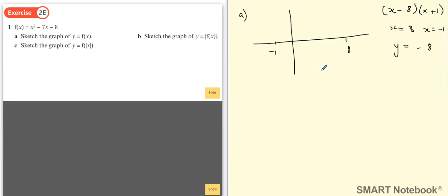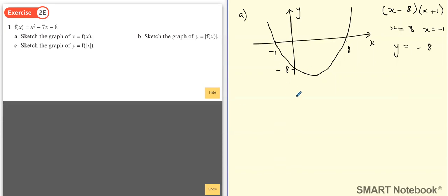It's going to be symmetric about 3.5. So when I draw this, I want my lowest point there, and then from that point I want it to keep going back up. This is x, this is y, this is minus 8. Don't draw it symmetric about the y-axis because it isn't. Does that make sense? Can you please let me know in the chat?